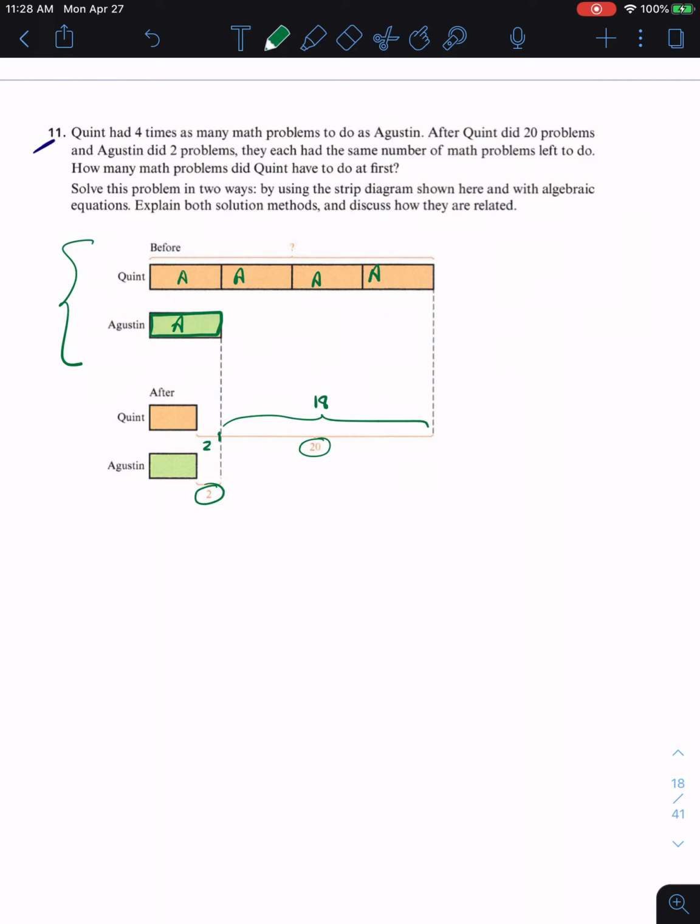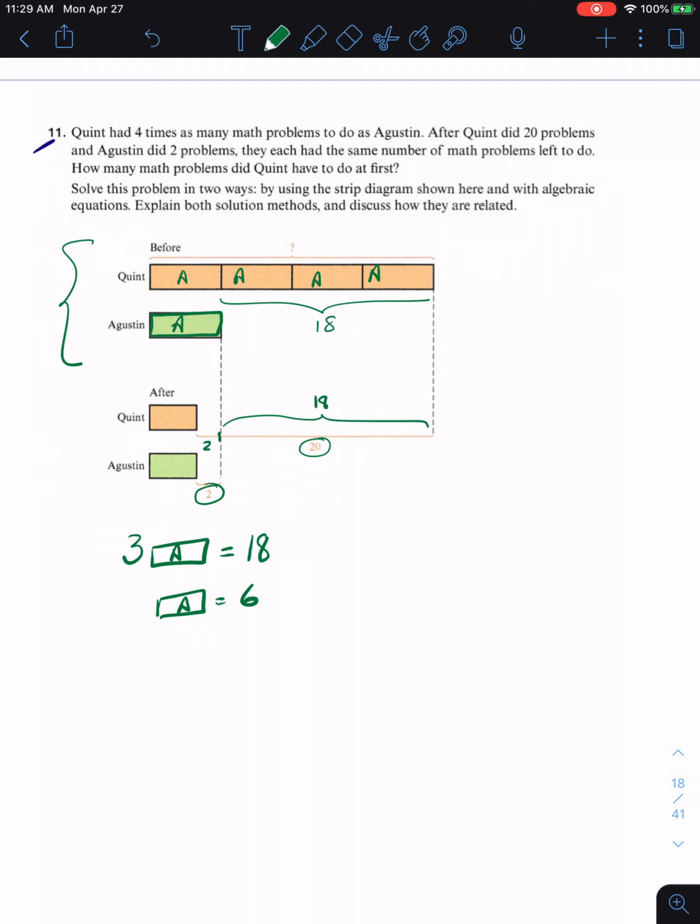So we now know that this is 18. So Augustine's amount is 3 blocks, which is 18. So 3 times Augustine's amount is 18. So Augustine's amount is 6. So that's 6 problems. So now we can answer any questions that we want.